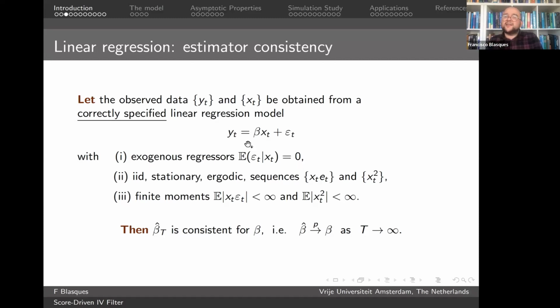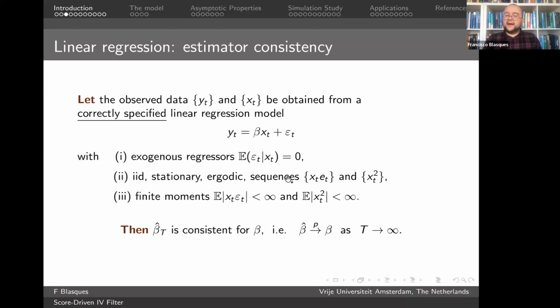We need this exogeneity condition on the regressor, so that the expected value of the error term conditional on the regressor is 0. And then we need the data to satisfy laws of large numbers, essentially. So it's either IID or weakly or strictly stationary and ergodic, something like that, and has enough moments such that we can apply laws of large numbers and conclude that the estimator is consistent to that beta.